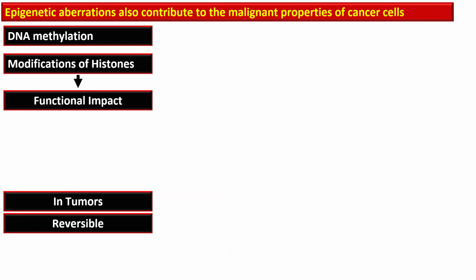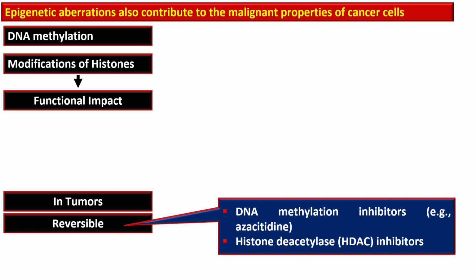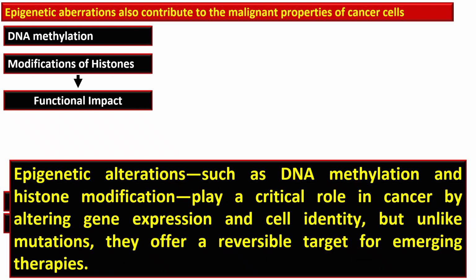The therapeutic implication of these is that these epigenetic silencing or epigenetic changes are reversible, and they are targetable by DNA methylation inhibitors such as azacitidine and histone deacetylase, HDAC, inhibitors, a promising path in epigenetic cancer therapy.